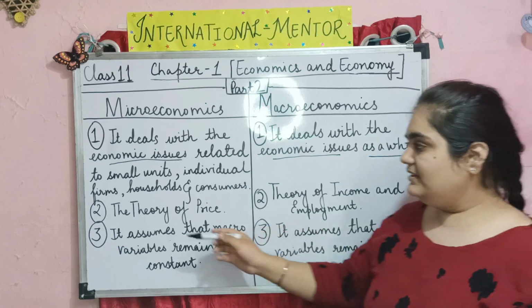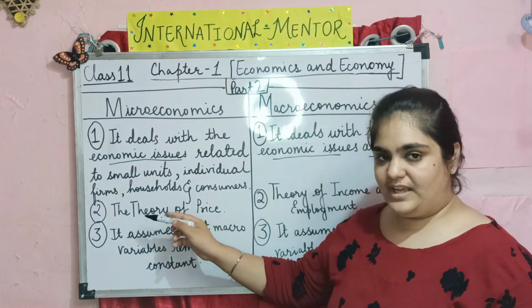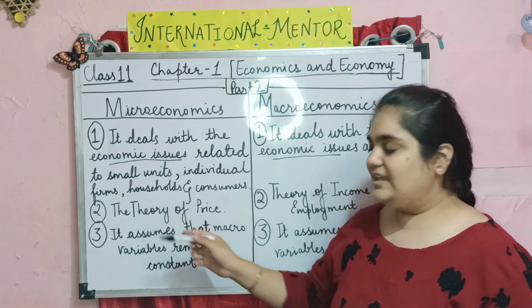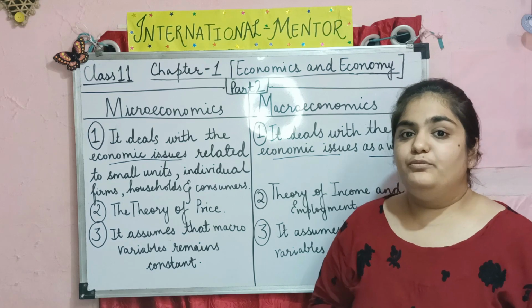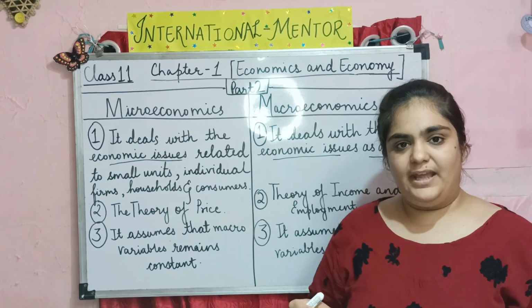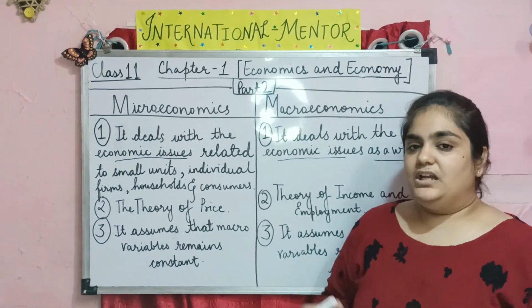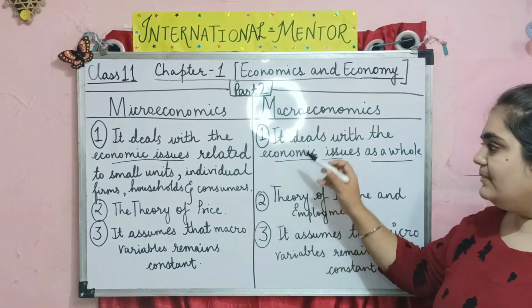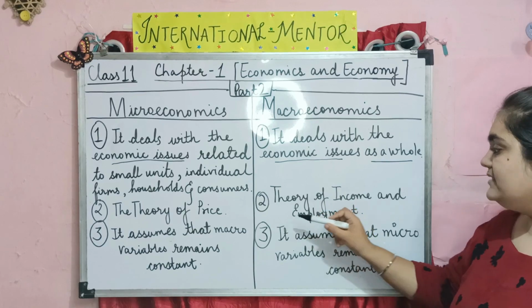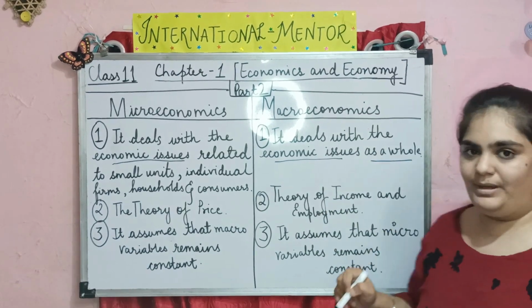The second point is that microeconomics is also known as the theory of price, because the demand and supply of each and everything depends on the price only. Then macroeconomics is also known as the theory of income and employment.